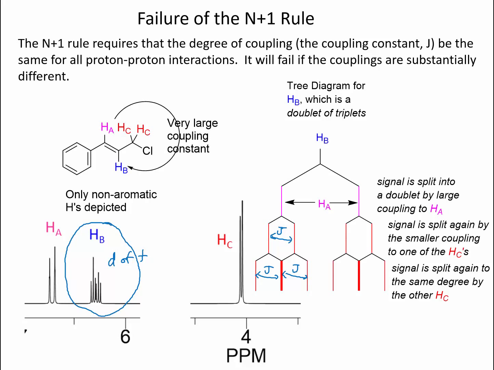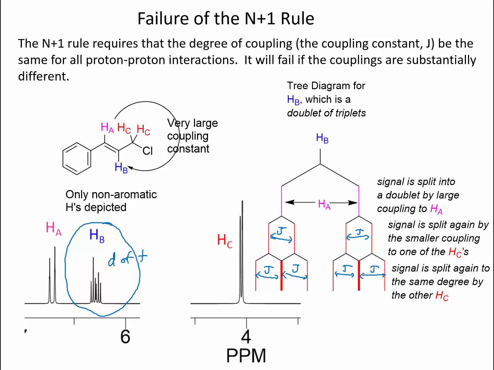So when they're identical, this is the origin of the n+1 rule. These middle lines come exactly on top of each other, and that's where we get another way of looking at the triplet, okay? And because the value for HA is much larger, the lines don't coincide, okay?